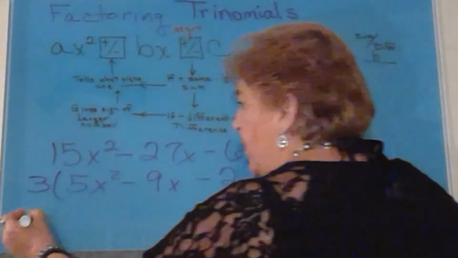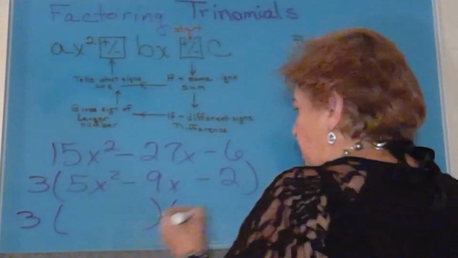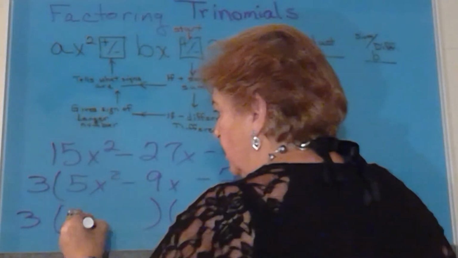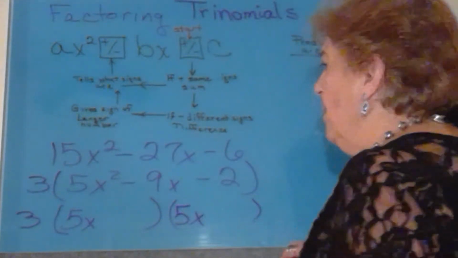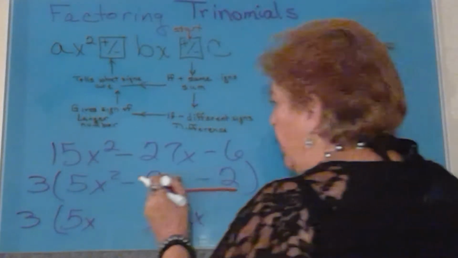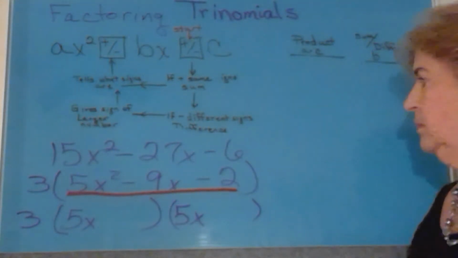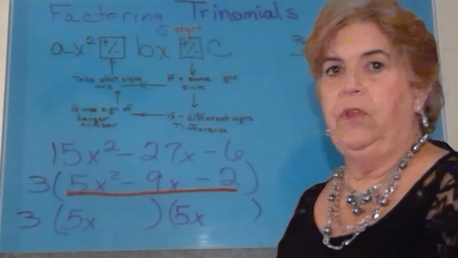So that 3 is going to stay out front, and I'm going to set up my 2 sets of parentheses. I'm going to bring down a 5x and a 5x. Remember, right now I'm only working with that polynomial. I've already taken out the 3, so I don't have to worry about the larger numbers.